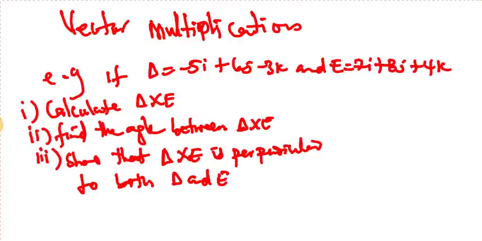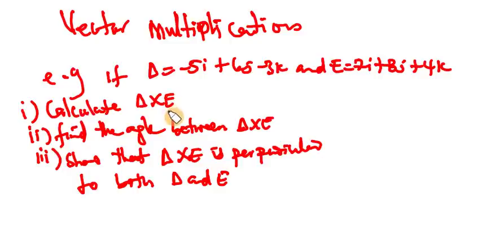So let us find an example to illustrate this idea of cross product. If D and E are vectors, with D to be this and E to be this, we can find the cross product of these two vectors using the method of determinant, and we can find the angle between these two vectors using the relationship involving cross product.